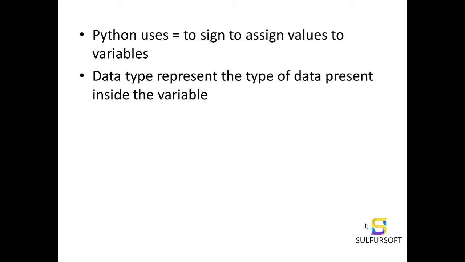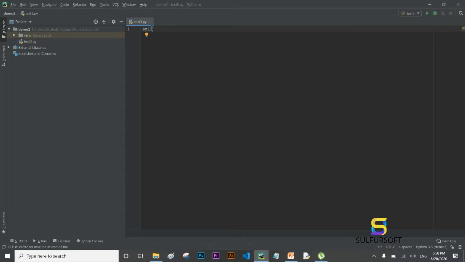Let's move toward the pie chart to further explain it. We have defined A is equal to 10. What will be the data type of A? Data type of A will be integer. We will discuss how many data types there are in Python, but the value defines the data type of the variable.